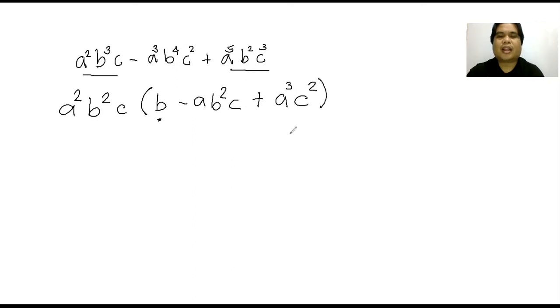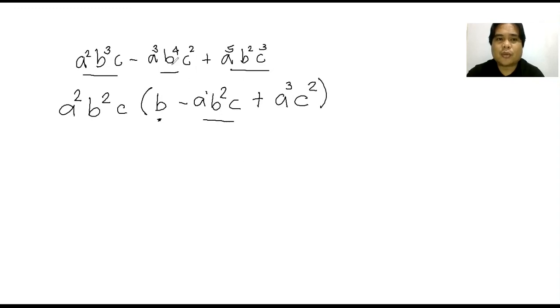Now, if you've noticed, when it comes to the variables, when you took out already the greatest common factor, all you need to do actually is just subtract the exponents. From the second term, you took out this one as the greatest common factor. See, what do I have left? a cubed minus a squared, I have here a to the power of 1.